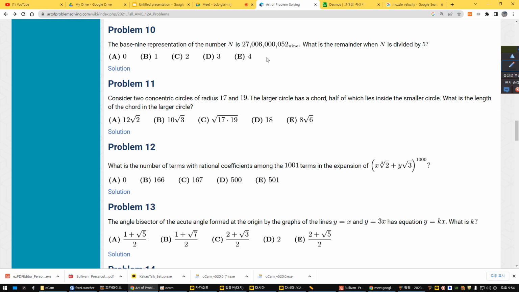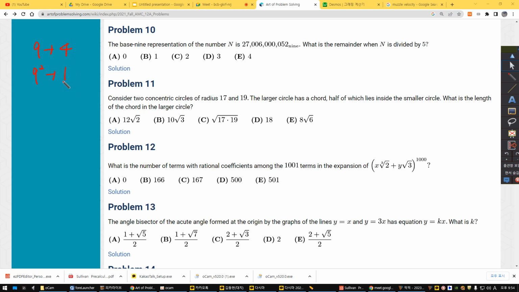Base 9. So when we are only looking at the remainder, when 9 is divided by 5, the remainder is 4, and 9 squared is 81. So when it's divided by 5, the remainder is 1. So that means it alternates between 4 and 1.